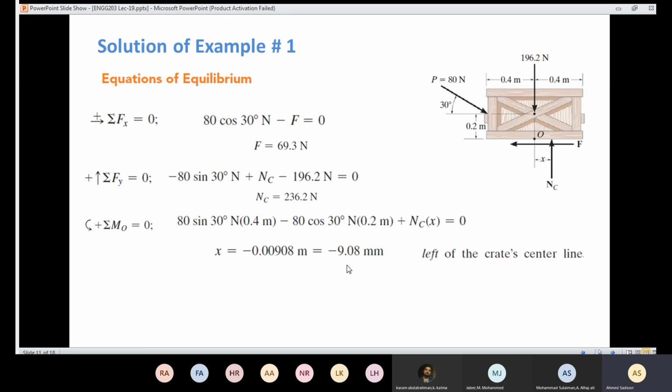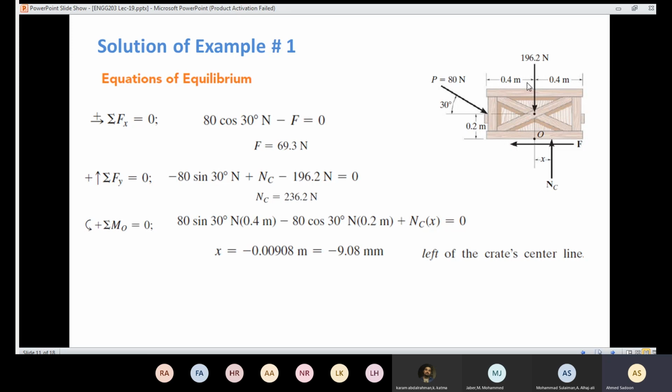That means the value of X is left of the crate's center line. And the value of X came out to be minus 0.00908 meter.